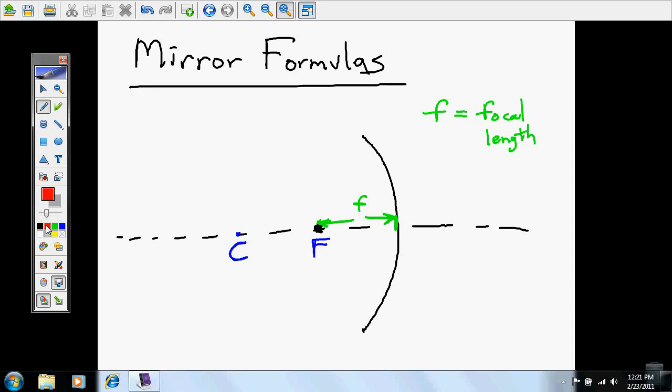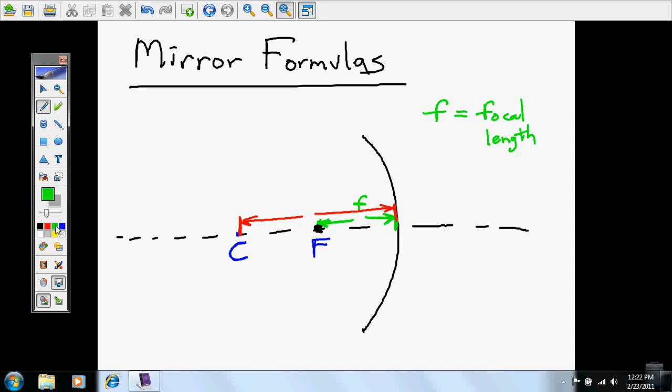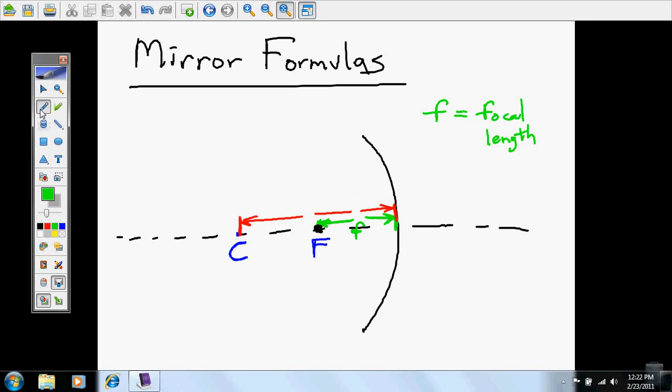The distance from the center of curvature to the mirror, well, think back to the circle.